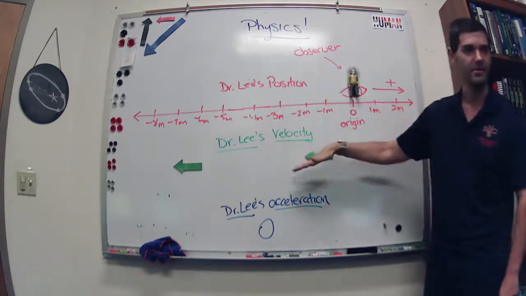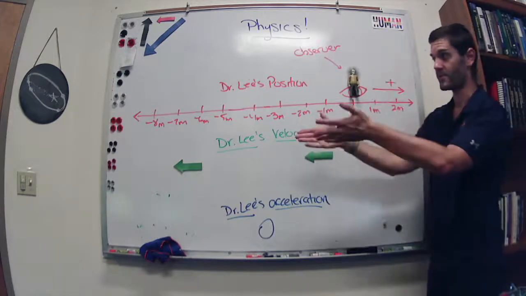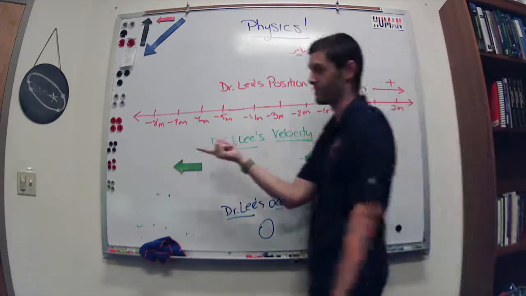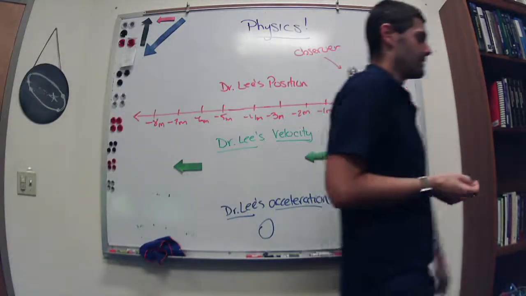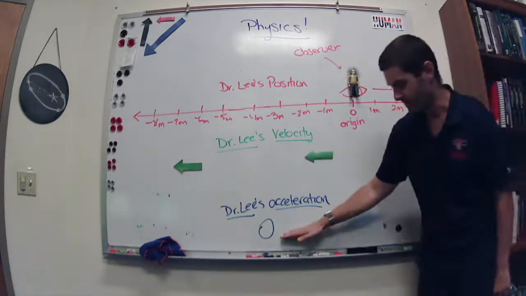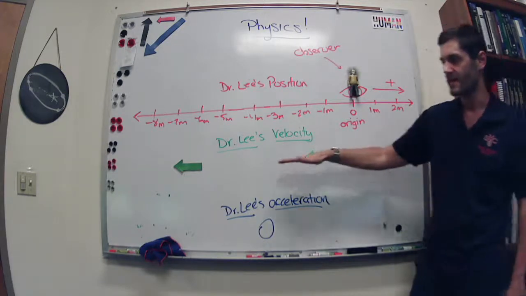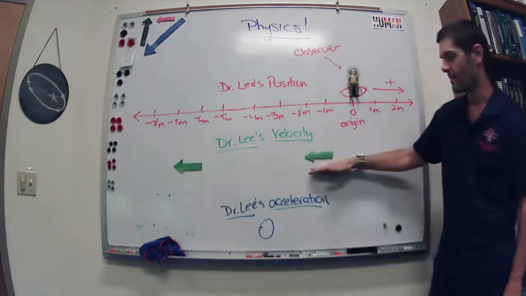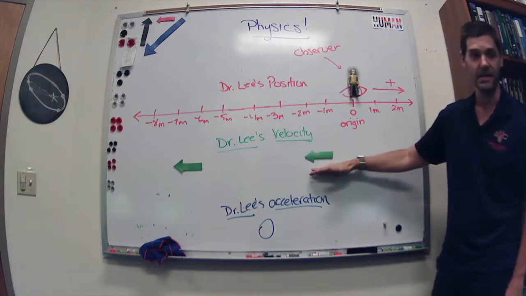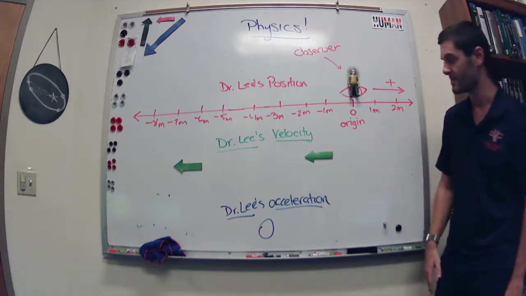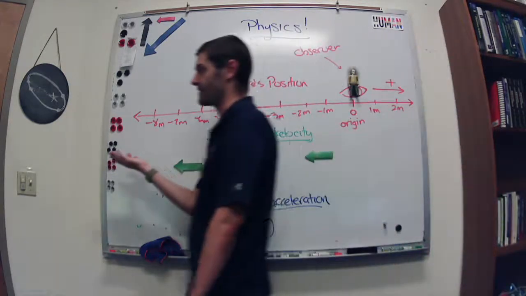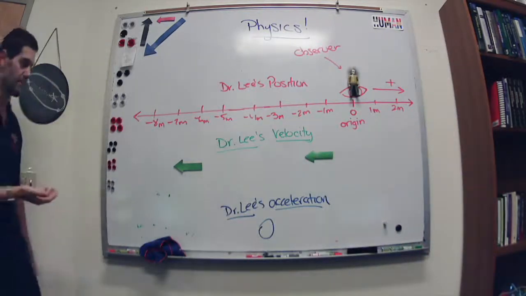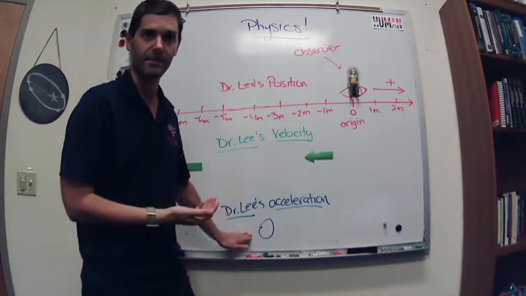Velocity and position are a little bit easier to envision. I'm moving towards the left, my velocity points towards the left in that case. But with accelerations, since my velocity is not changing in magnitude, I'm not speeding up or slowing down or changing directions, these arrows are remaining the same length. So as I walk towards the left, the rate at which I walk does not change. I have no acceleration.